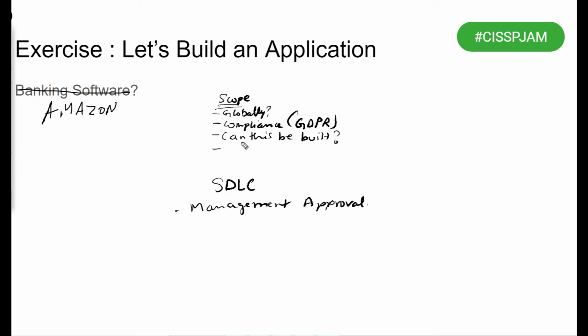We need to be able to build this. So we need to find out if we have a software development team in-house, or we need to reach out to another company to develop this application for us. All of that will definitely be in the scope, and then it'll be the planning phase of this SDLC.